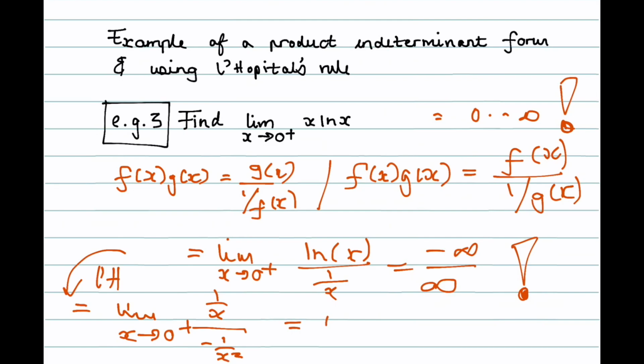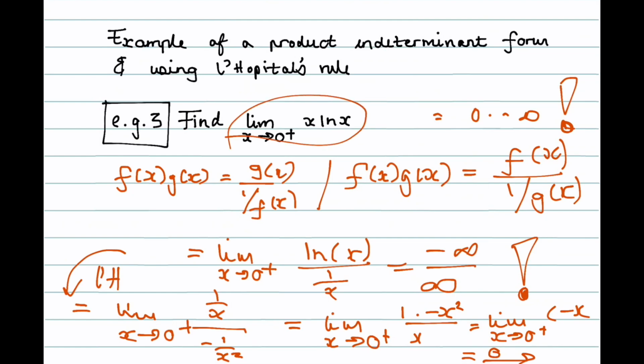And if we rearrange this, we'll find that this limit is equal to the limit as x approaches 0 from the positive side of 1 times minus x squared over x, which is equal to the limit as x goes to 0 from the positive side of minus x, which is actually 0. And now we've solved this complicated original limit with L'Hopital's rule. And that's how we approach L'Hopital's rule with quotient and product indeterminate forms.